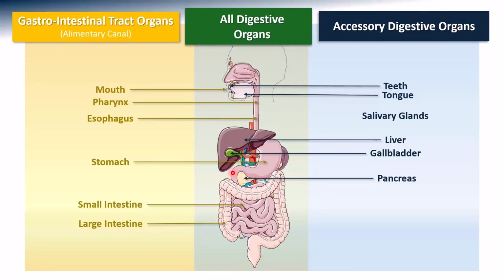Within the small intestine, we would find some connections to the liver and to the pancreas, where they're going to secrete some digestive juices into the small intestine. We would travel all the way through here, end up in the large intestine, and travel all the way through and back out. All right?